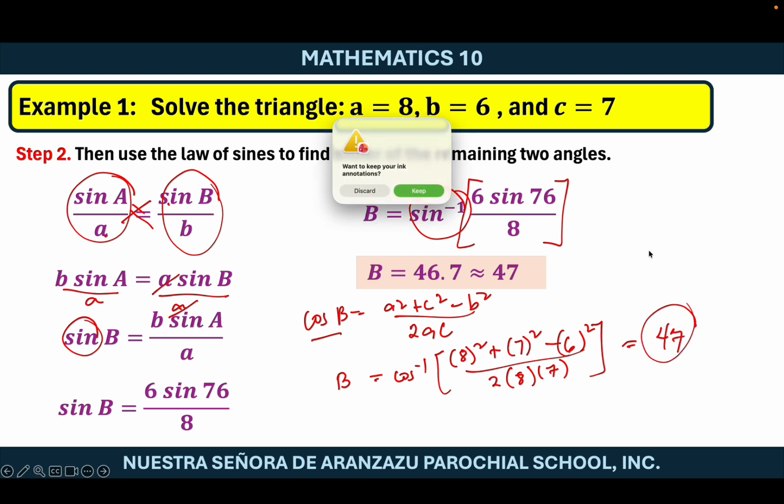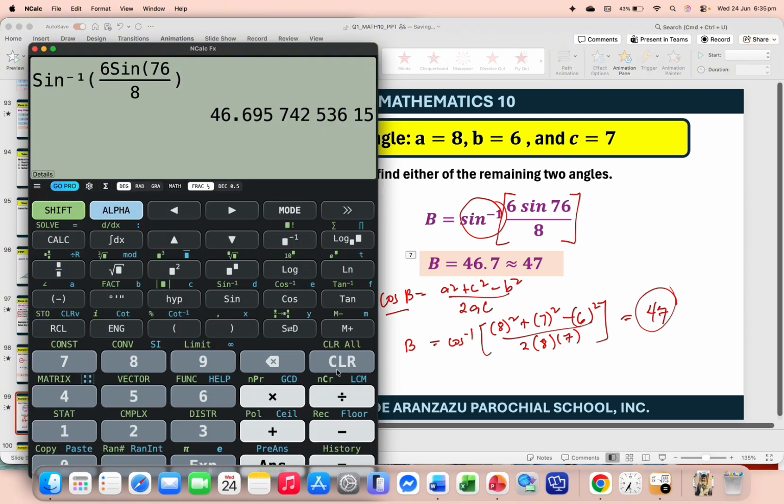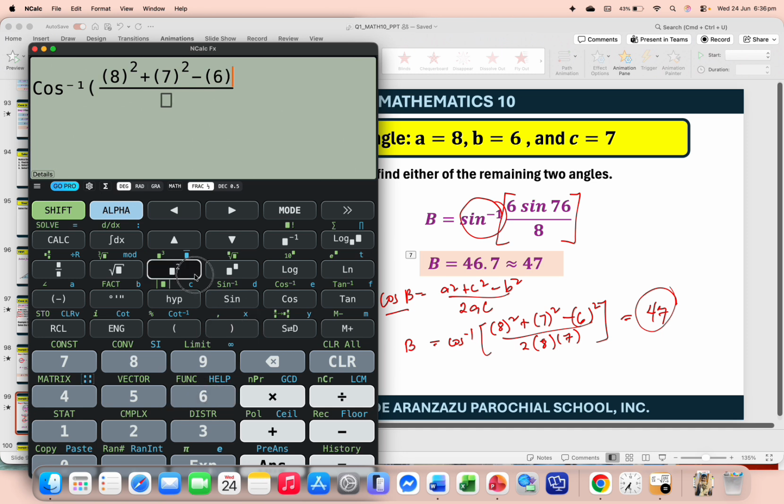So, pakita natin. Shift of cosine, then fraction. Input all the given: 8 squared plus 7 squared minus 6 squared.